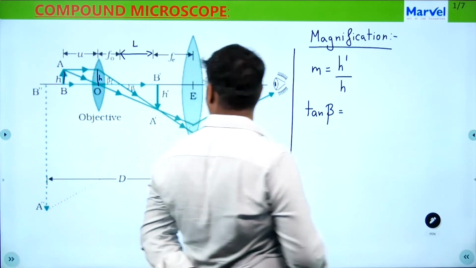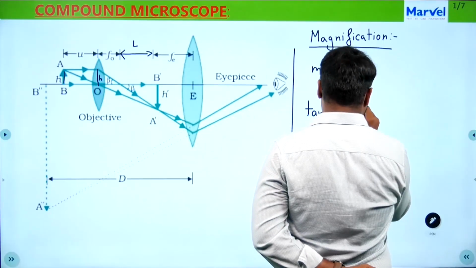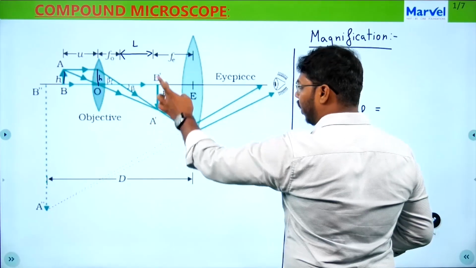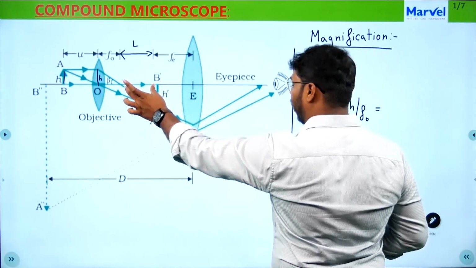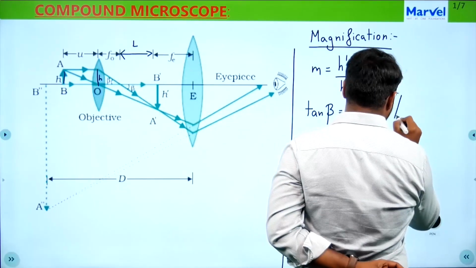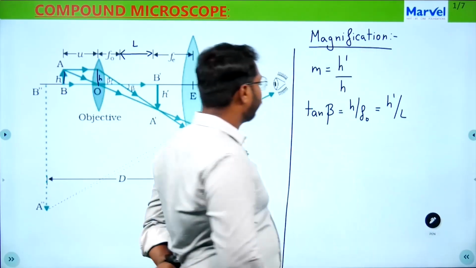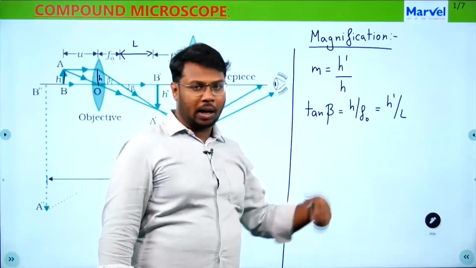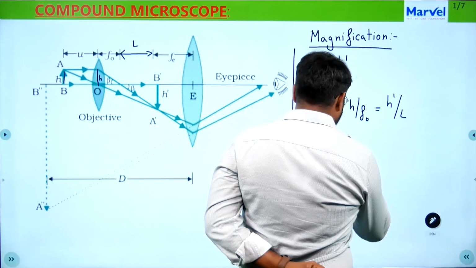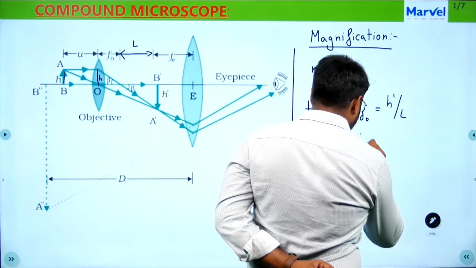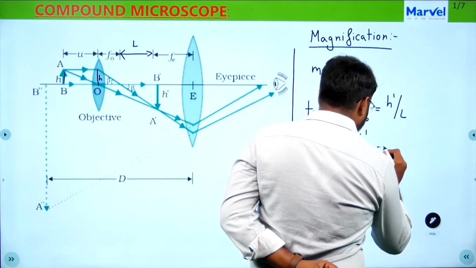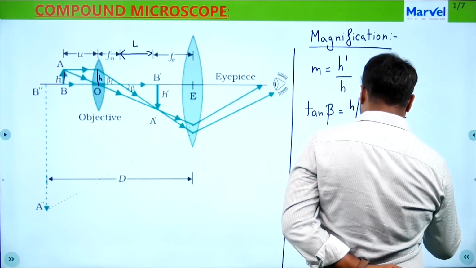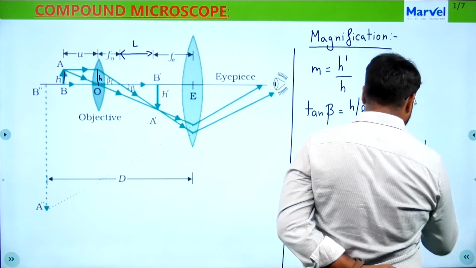So tan beta is equal to h by f naught, and again in this triangle tan beta is equal to h prime by L. So using this, I will replace the above equation as h by f naught is equal to h prime by L, which is equivalent to h prime by h is equal to L by f naught.